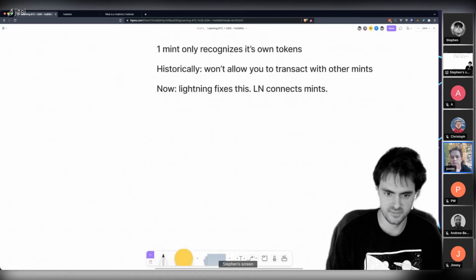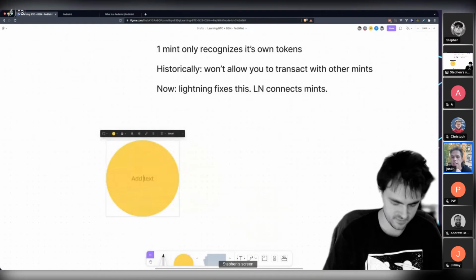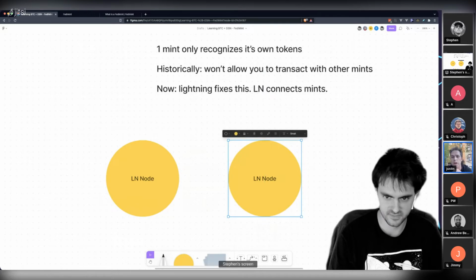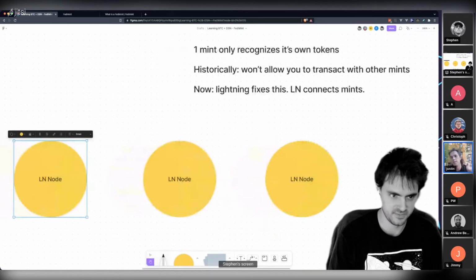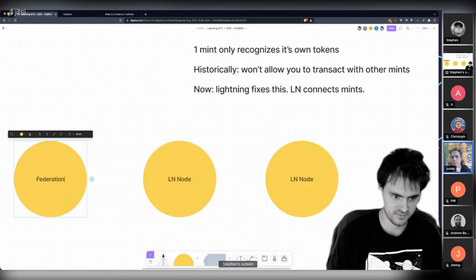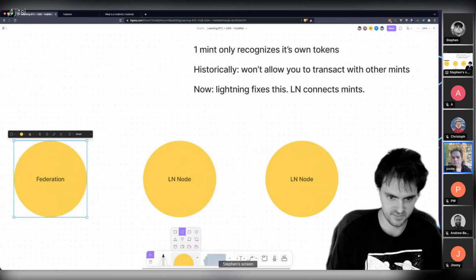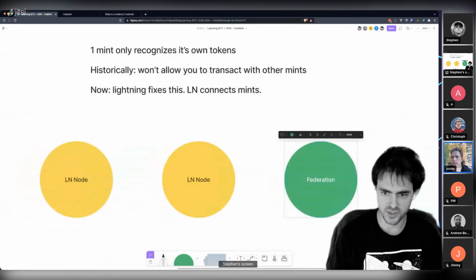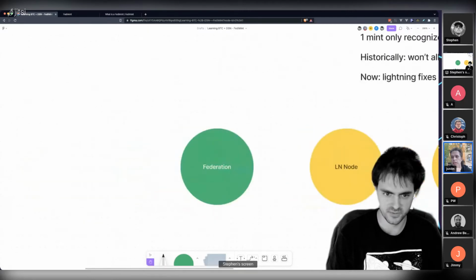So in a sense, you can think of it as an extension to Lightning, where the first or last hops on a route don't actually happen in Lightning at all. They actually happen between a mint and a Lightning node operator. And from an ecosystem point of view, this is really cool because it's not trying to compete with Lightning or anything.